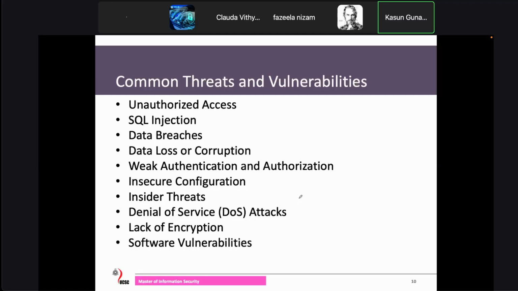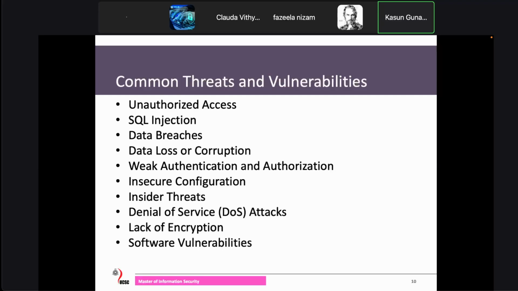And also SQL injections. So that is another threat type. People may pass a script or part of a script to the database through a user application and breach the security controls.